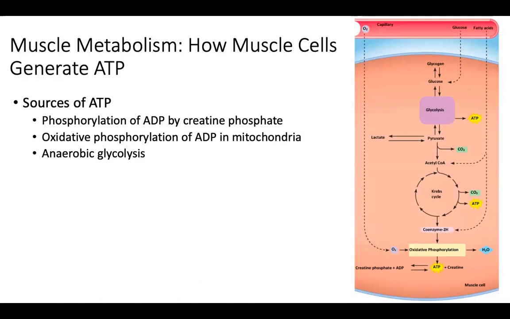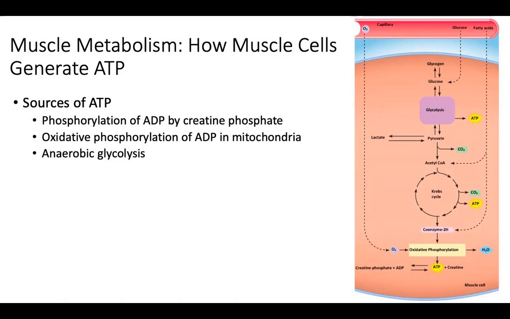This is a transient or temporary mechanism of ATP. This is not sustainable. This is only used temporarily while the other two processes that I'm going to speak about now get warmed up. So the phosphorylation of ADP via creatine kinase is not a sustainable mechanism of ATP generation.